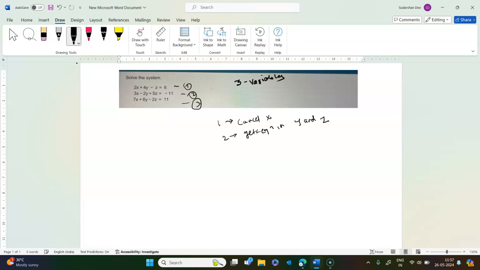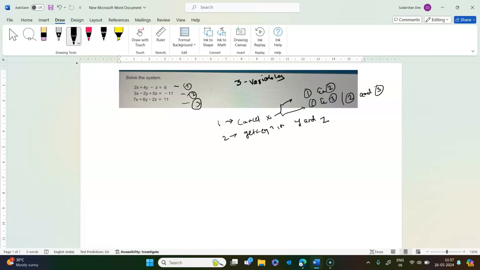How do you cancel this x? You will cancel x using the first and second equations, and you'll cancel x using the first and third equation, or either the first and third or second and third. Use any way you can, but don't use the same equations again and again.